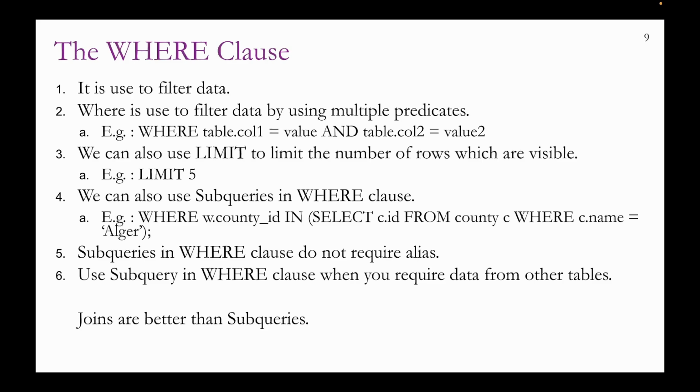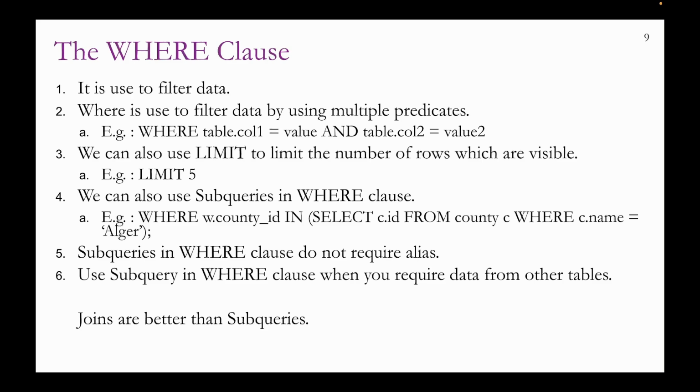We can also use subqueries in the where clause. As we can see in the example, in the where clause we want particular county IDs. So we select only those county IDs from another table and check if those county IDs are in the given table.